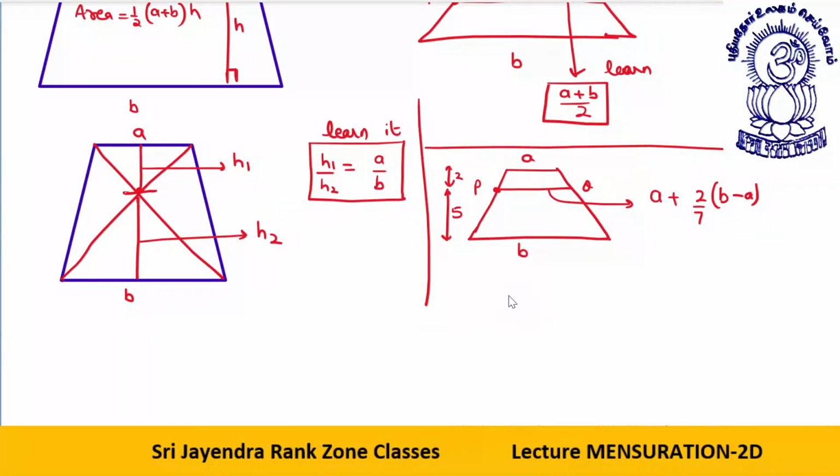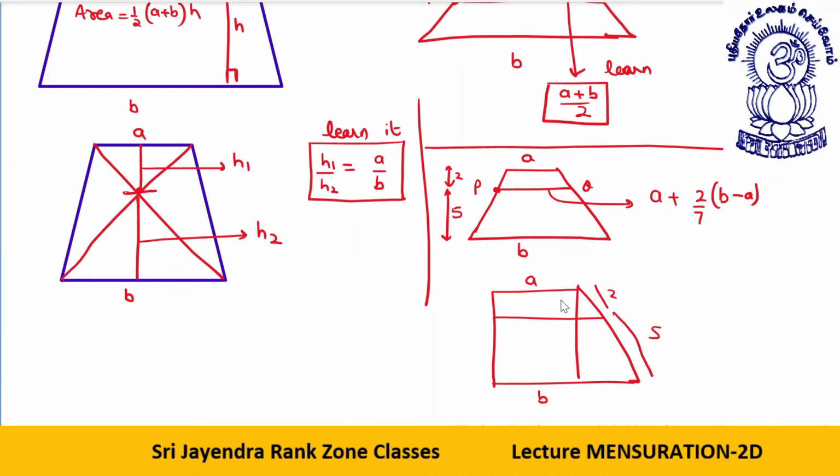How will we do it? Look, consider this trapezium like this. This is A, this is B. You join it like this. PQ was like so. This is 2. This is 5. So I can say this is 2, this is 7. If I talk about this in terms of similar triangles, first of all, this portion is what?